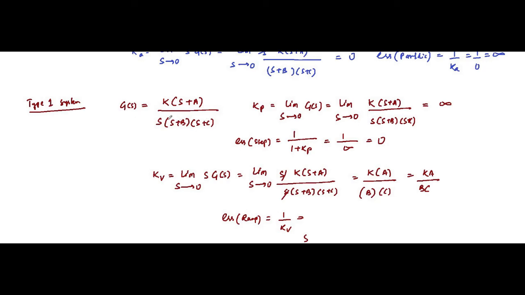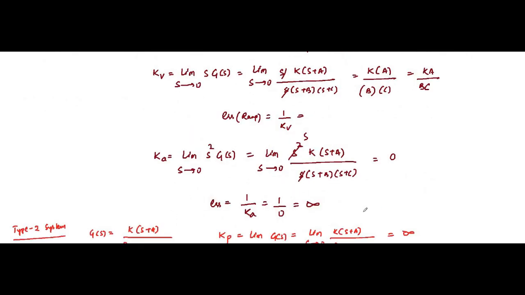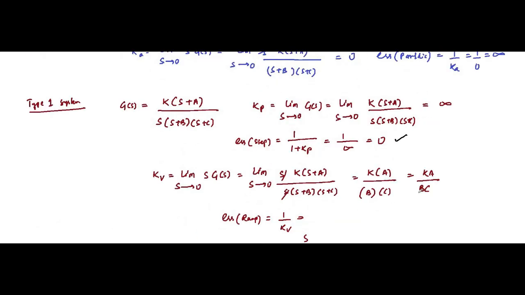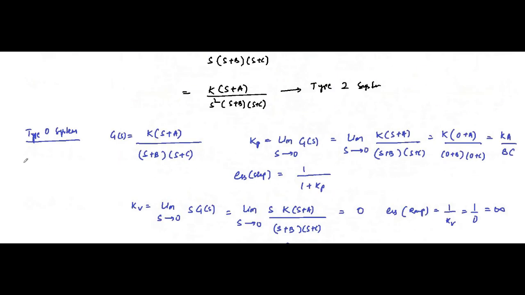For a type 1 system, in case of application of step input, the result is 0, and in case of application of the parabolic input, the result is equal to infinity. Only for application of ramp input we are getting a finite result.